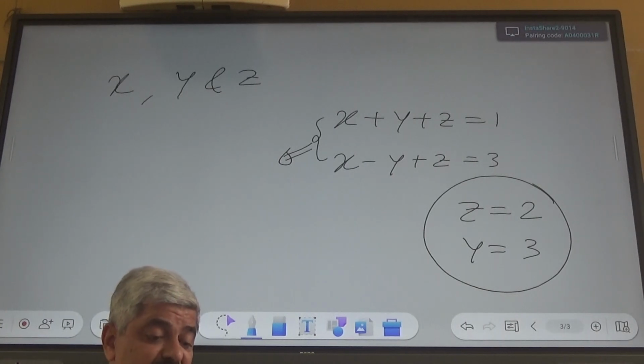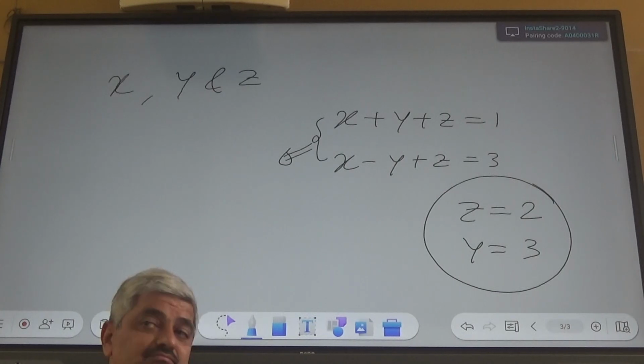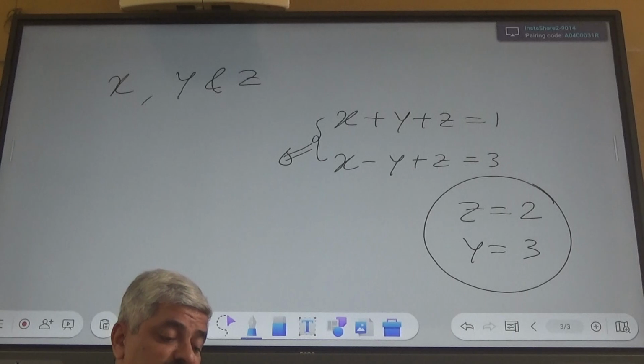It's a very significant question. What are the possibilities? So two planes represent a line.